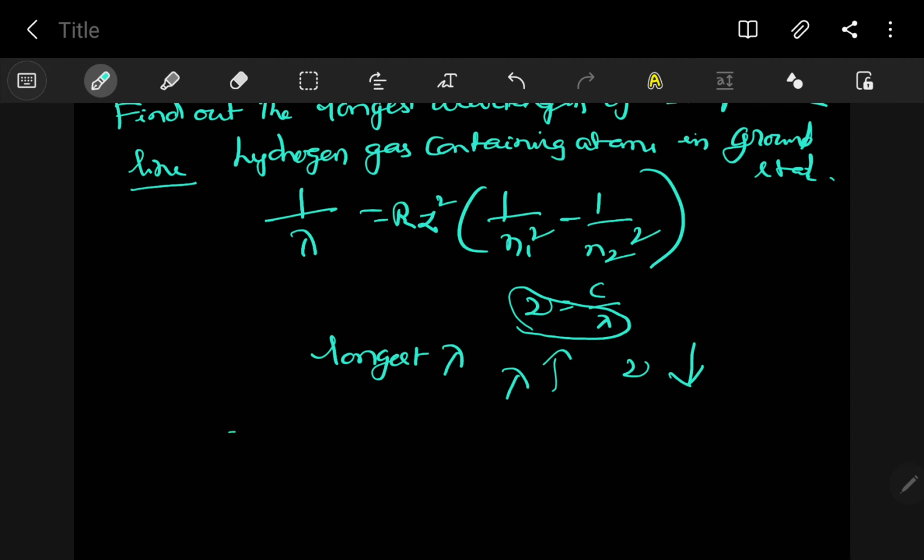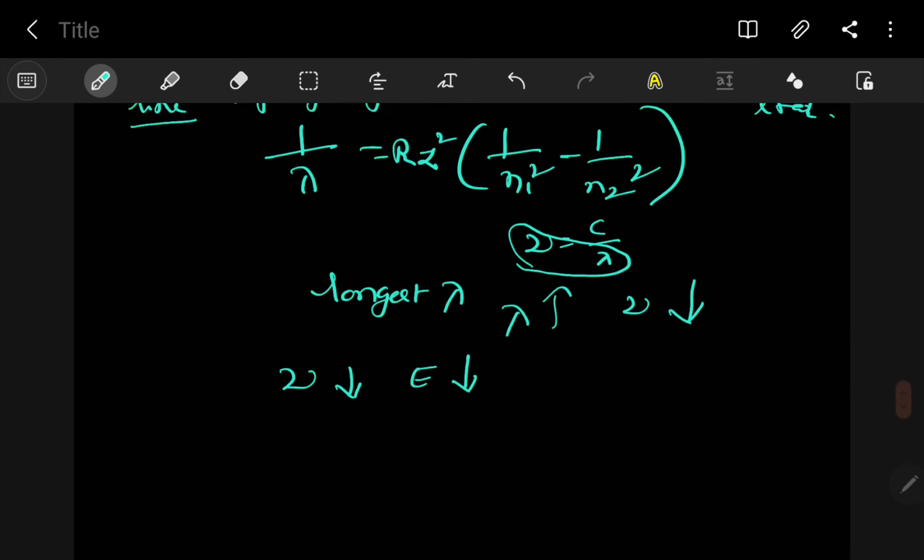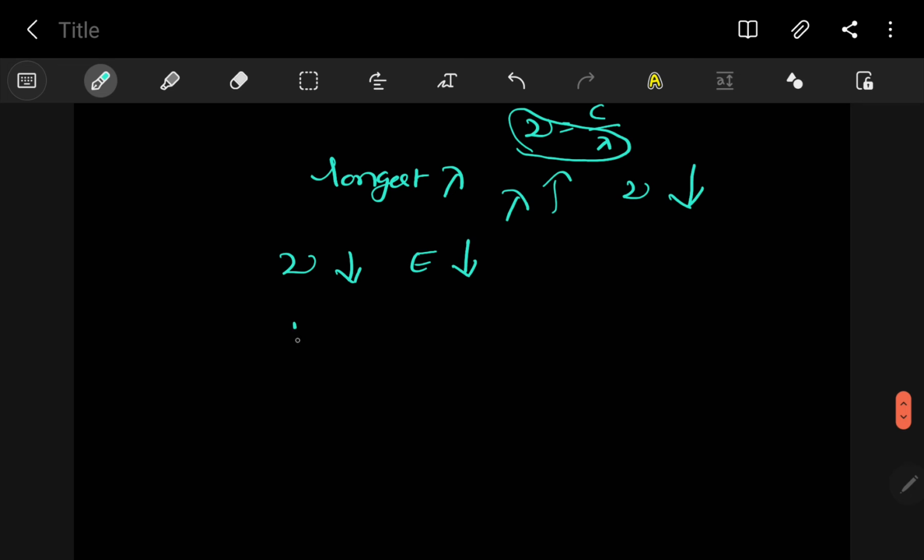If nu is less, energy is also less. So the transition from the second shell to the first shell will be the lowest one.